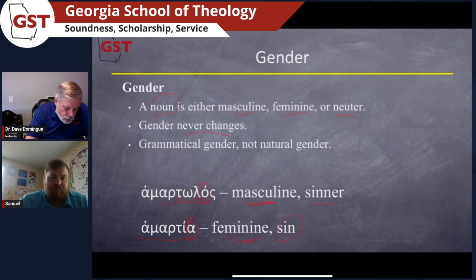That's really critical. I'm glad you noticed that and retained that, because the more you begin to recognize the pattern or the declension, the easier it is to identify the word as masculine, feminine, or neuter.